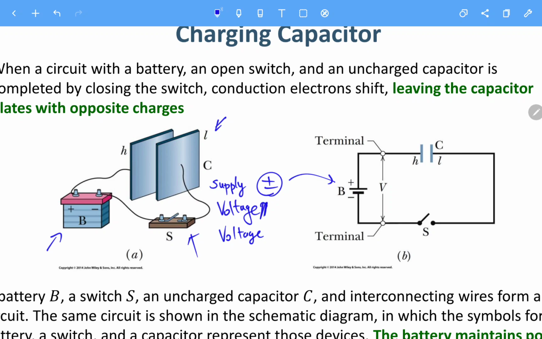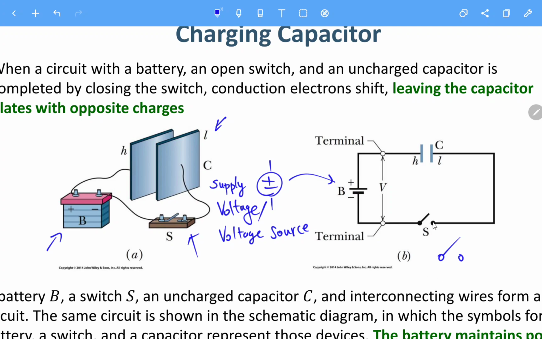So sometimes I call it supply voltage or voltage source, or more specifically independent voltage source, which means that no one controls it, it controls itself. Sometimes I use this symbol for the battery. For the switch, we just use two dots, or maybe sometimes I just draw two circles and then a line.